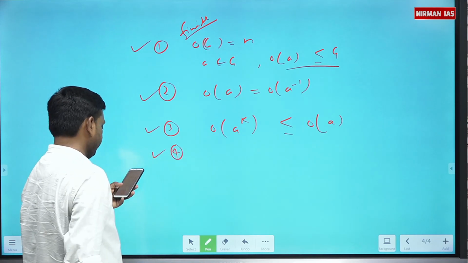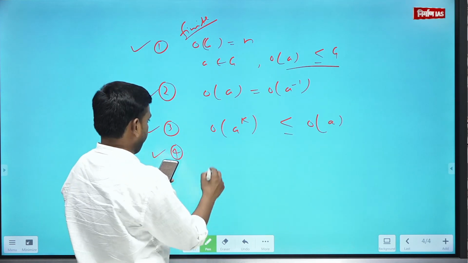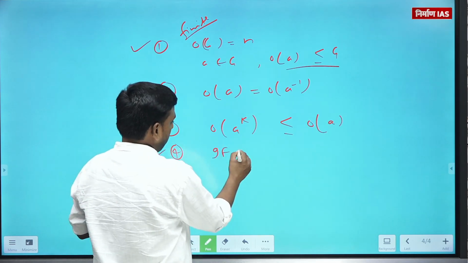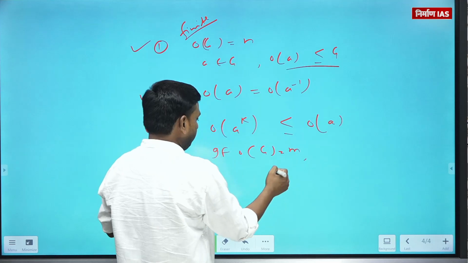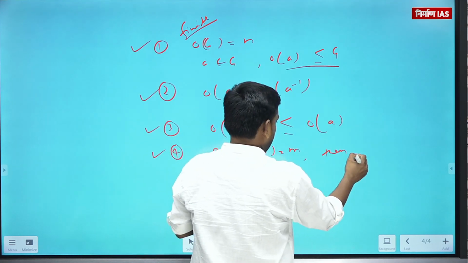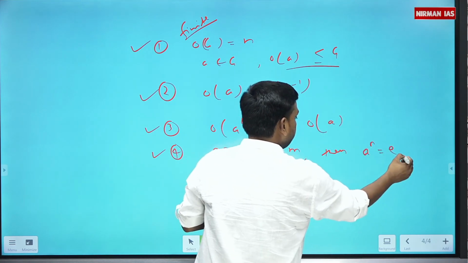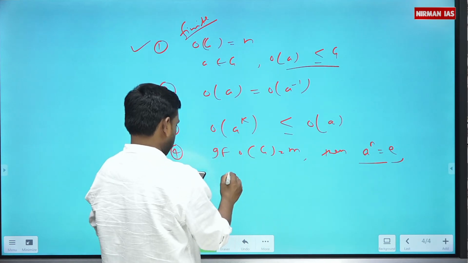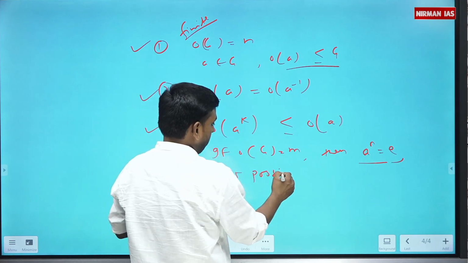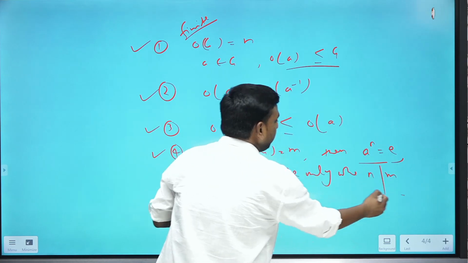The fourth point is, if order of G is m, then a raised to the power n equals identity is possible only when n divides m.